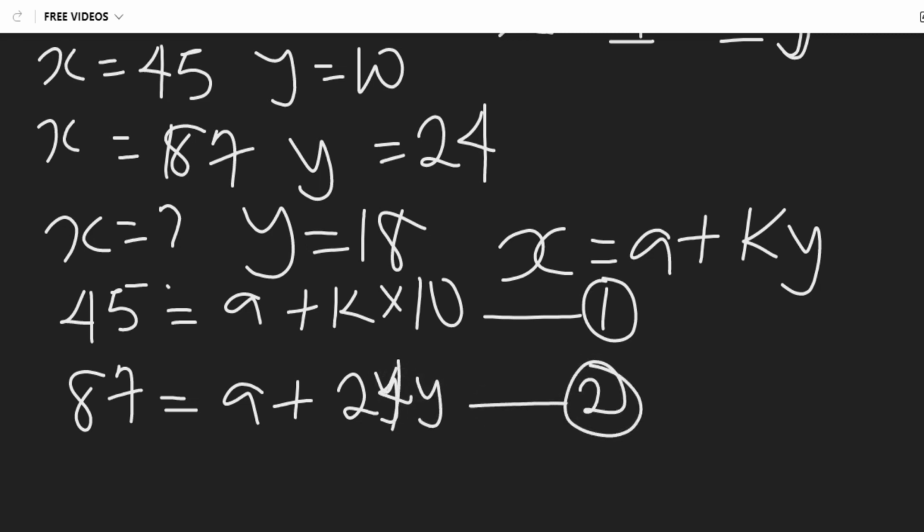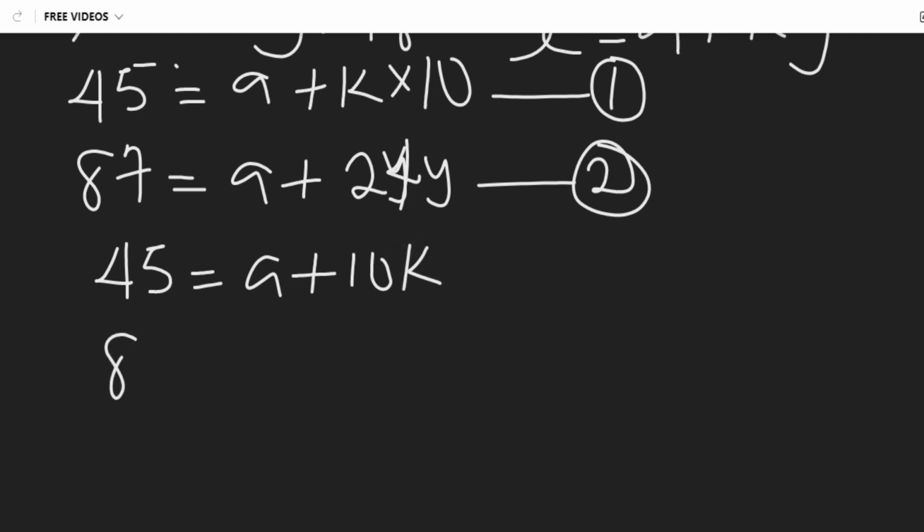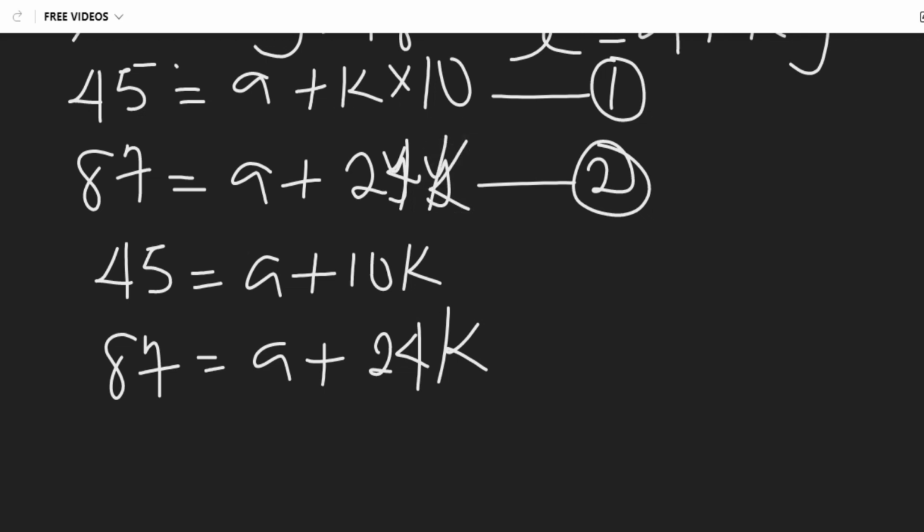So we have two equations: 45 equal to a plus 10k, that's equation 1, and 87 equal to a plus 24k, which is equation 2.